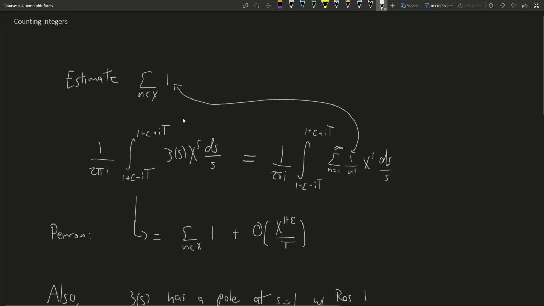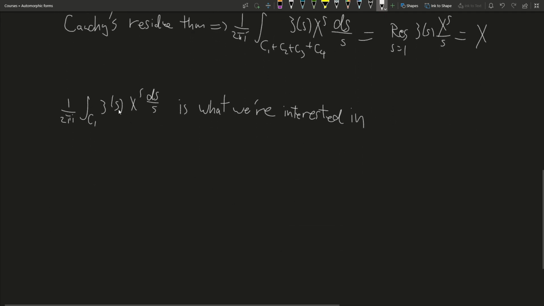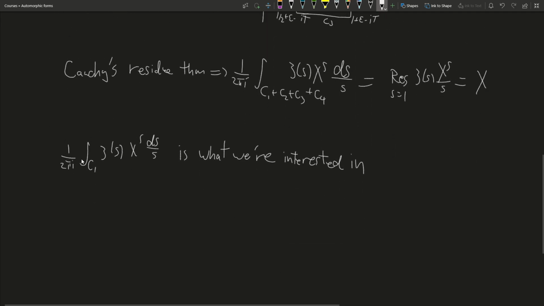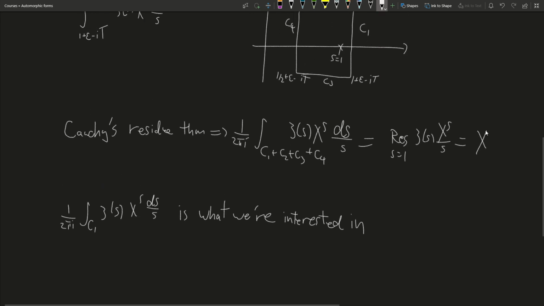Well, it's because using Perron's formula, this integral along C1 is giving us the sum of integers that we're interested in estimating. Our task for today is estimating this quantity, and Perron's formula tells us that the integral along C1 does estimate this quantity. So we're trying to get an expression for this, and we've got an approximation that it's about x.